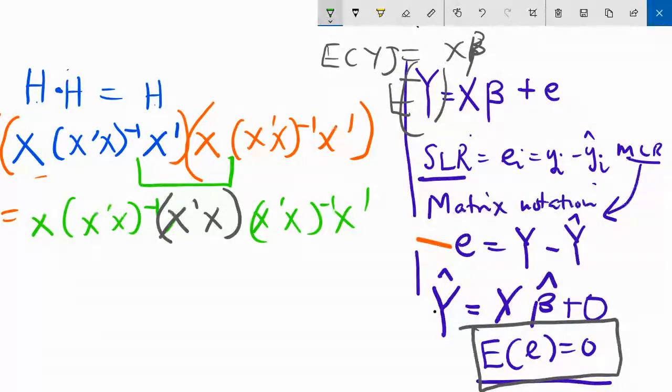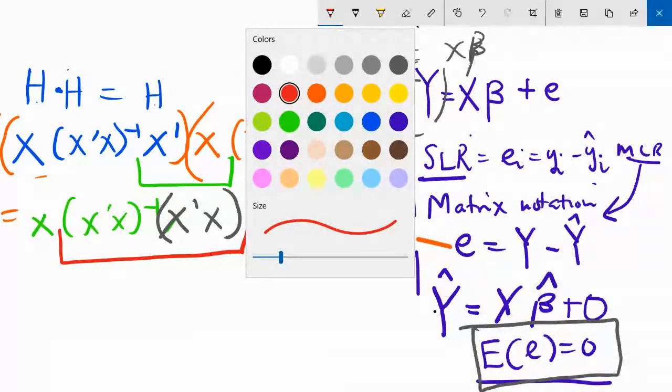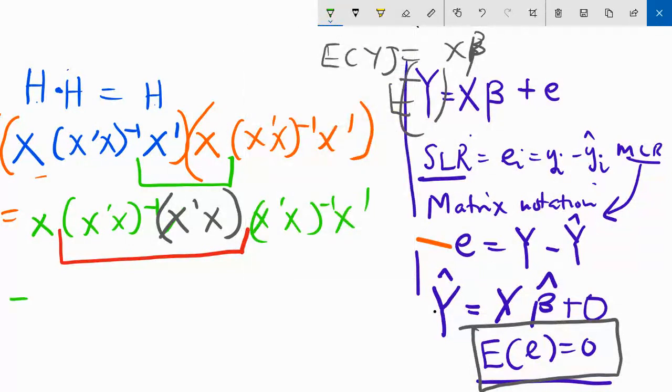So checking at these two, now let's focus at this part. This part is equal to what, guys? That part is equal to what? I. Identity, isn't it? Thank you, leadership. So we know that we'll have X inverse.